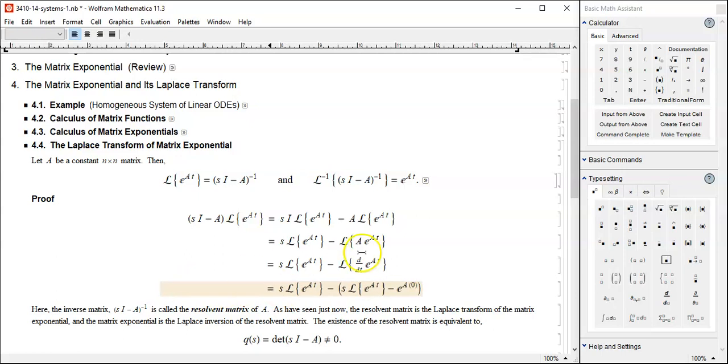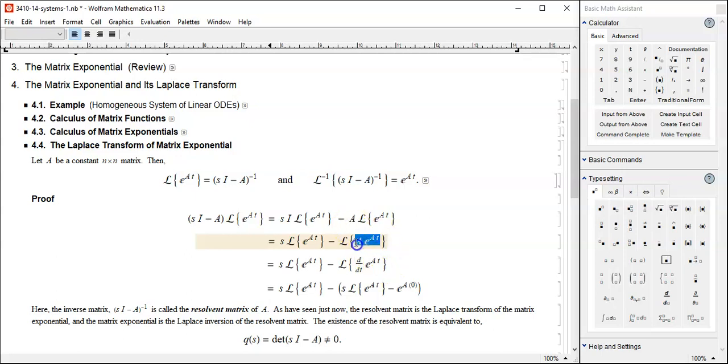Does this make sense? I slid this one in, and that's because the Laplace transform is coming from the integral, and this is a constant coefficient. I can always bring it in, or you can call it the linearity, but that's a bit troublesome because the linearity property is used for scalars, and this is not a scalar, this is a matrix. So it's going to be better if you consider this as an integral, and then constant coefficient matrix can go inside or outside of the integral.